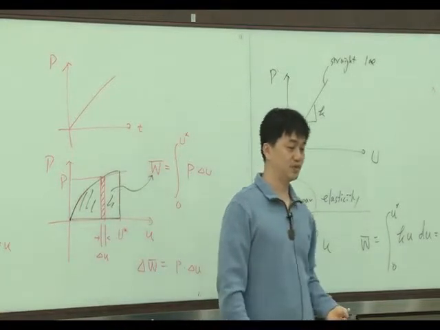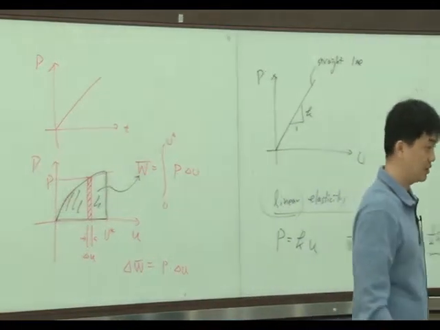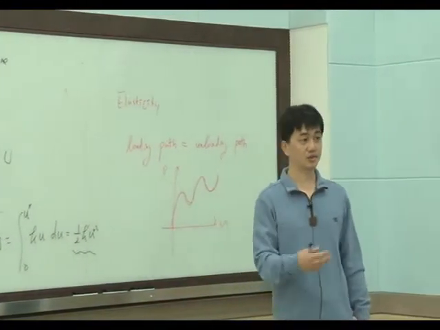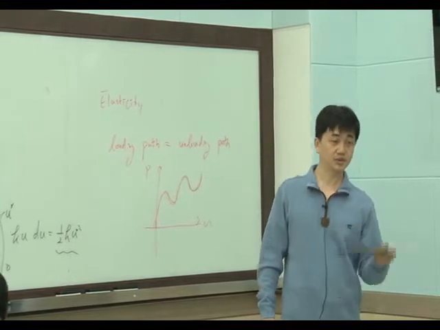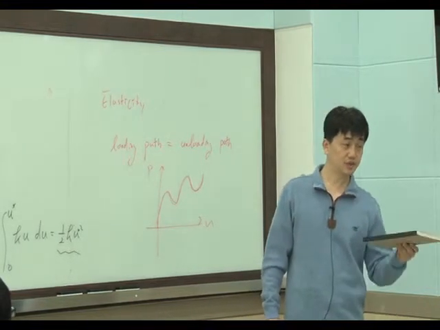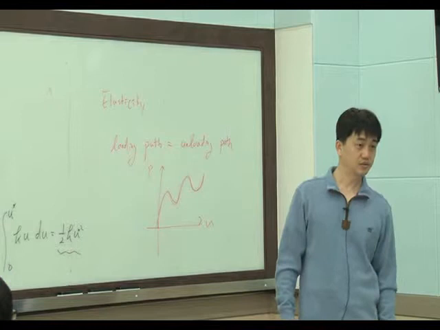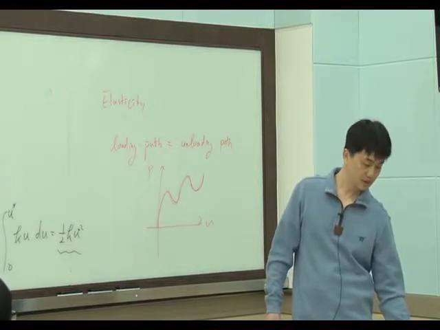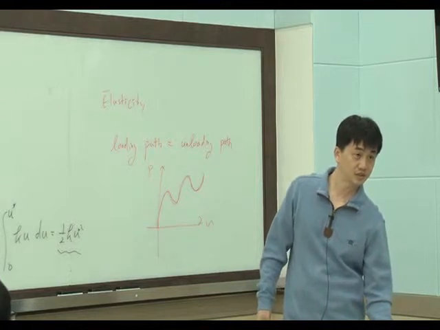So, for example, let me give you an example of an irreversible process. Here I have some mass, I put this mass onto the ground, and I'm going to push this mass.